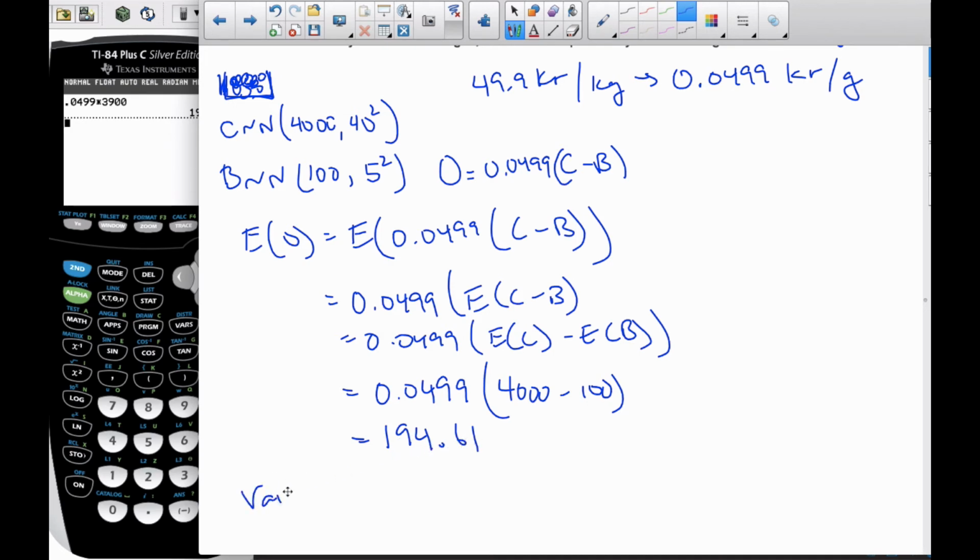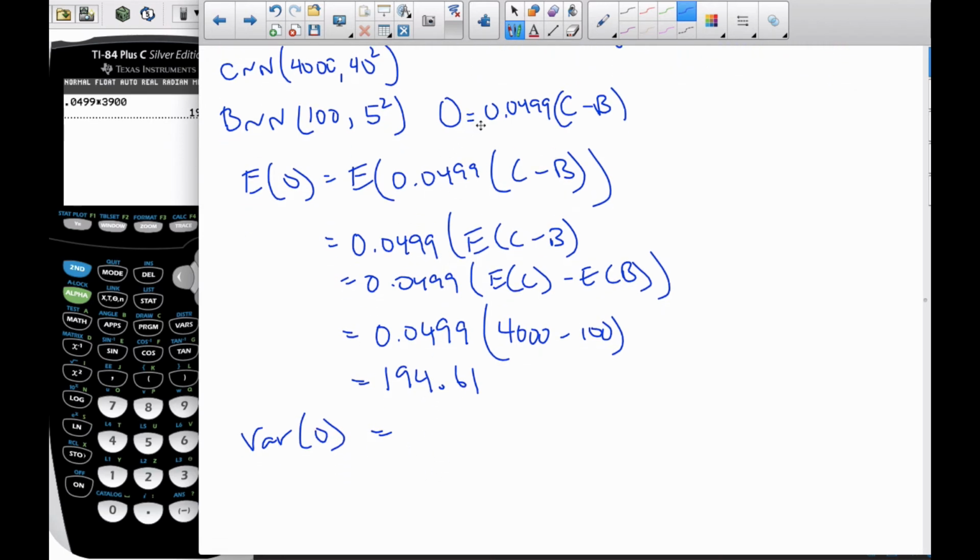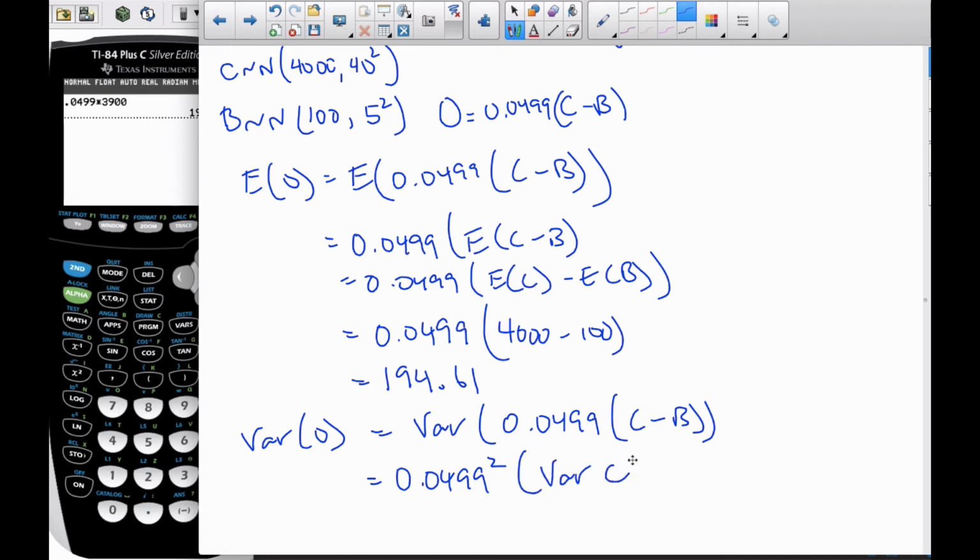My variance of the oranges is going to be the same scenario here. I'm going to go the variance of 0.0499 times C minus B. Using my algebra rules for variance, when I pull this out, it ends up being 0.0499 squared times the variance of C. If I'm subtracting random variables, I actually still add the variances.